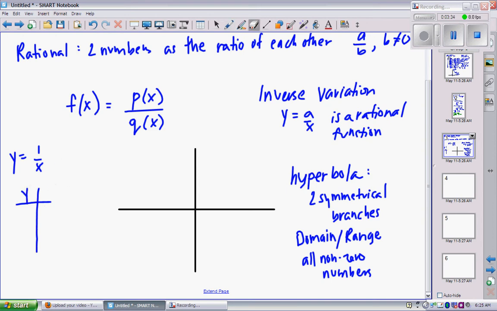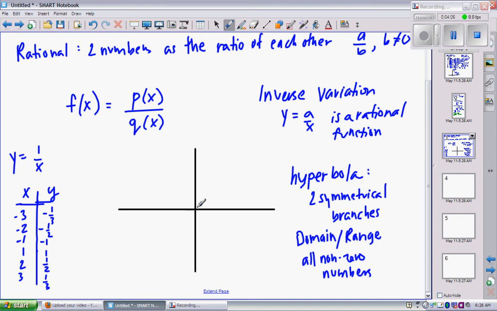Why can't it be 0? If it's 0, then you have a 0 in your denominator, and you can never have that. So x: negative 3, negative 2, negative 1, 1, 2, 3. I already know it can't be 0; it's going to be undefined there. So y: 1 divided by negative 3 is negative 1/3, negative 1/2, negative 1, 1, 1/2, 1/3.